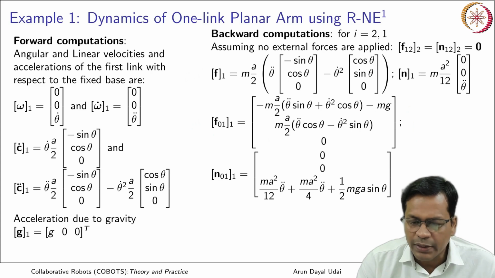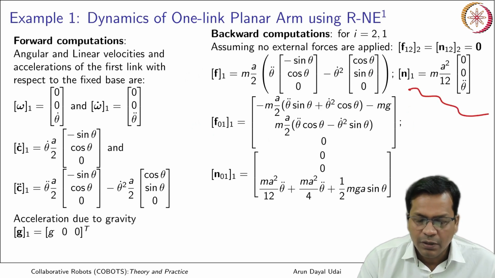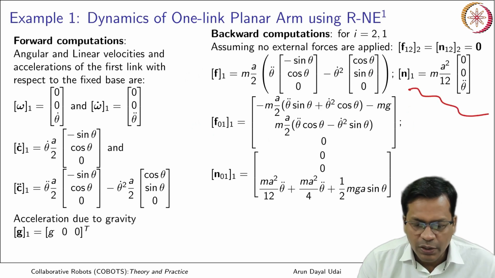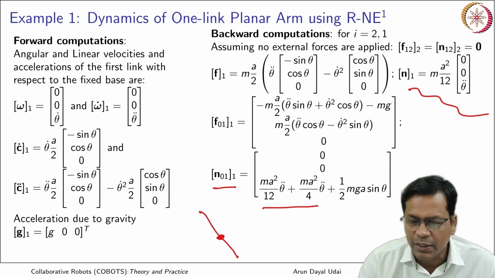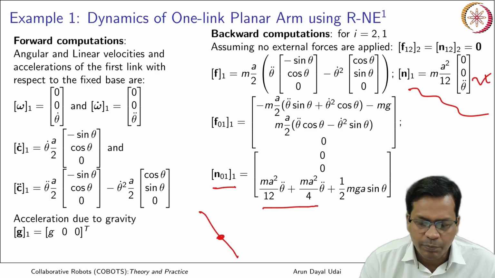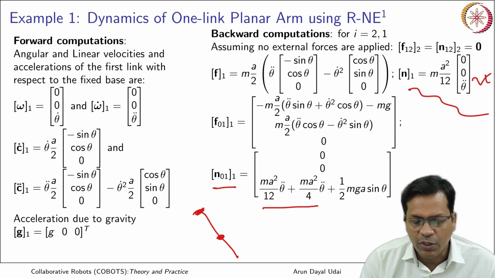With respect to the first frame, the moment of inertia effectively gets converted: earlier it was about the center, now it will be about the tip, the center of rotation. It is not about the center of gravity.